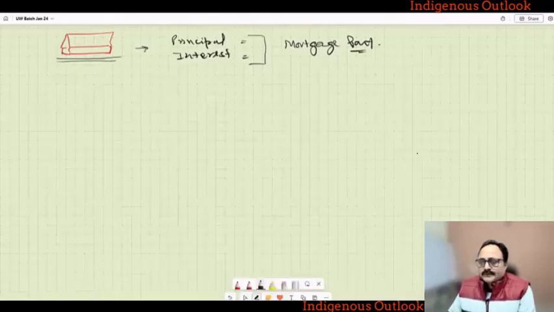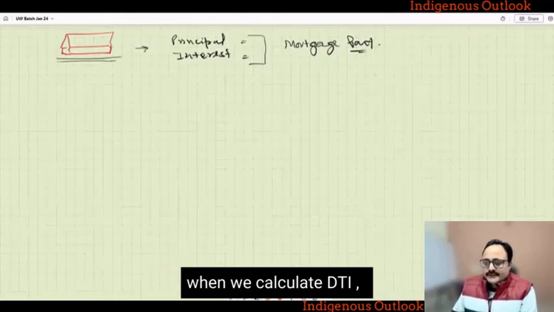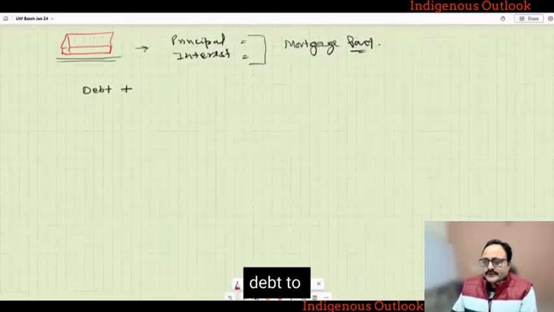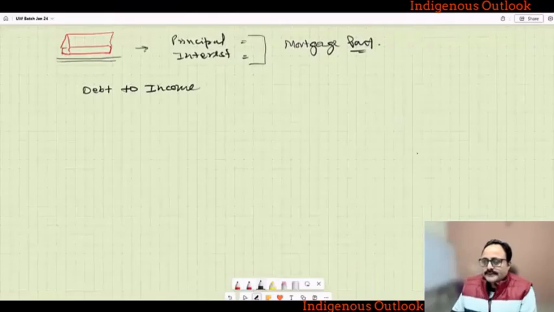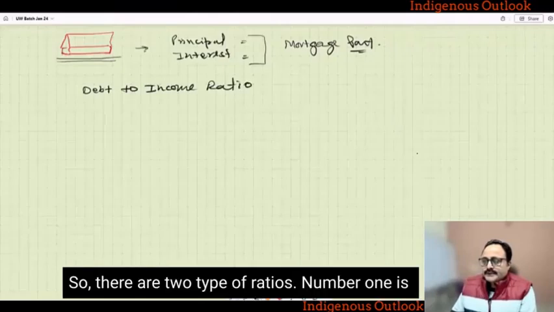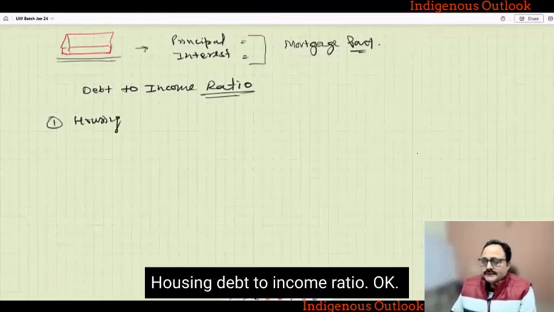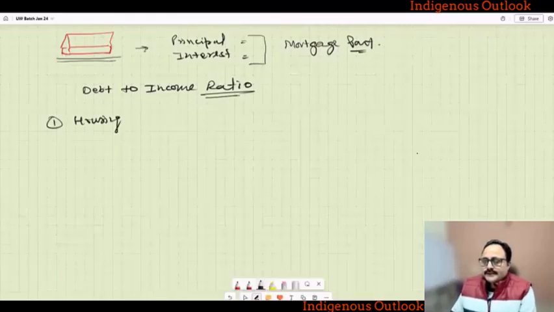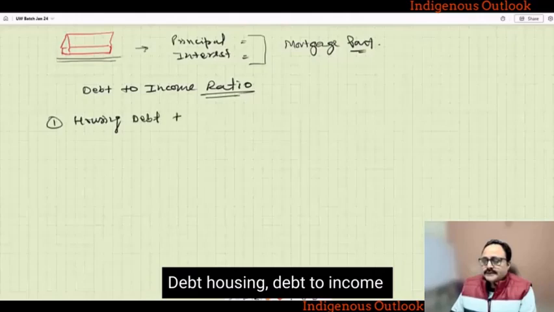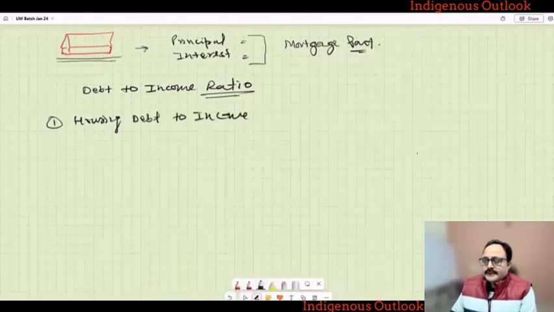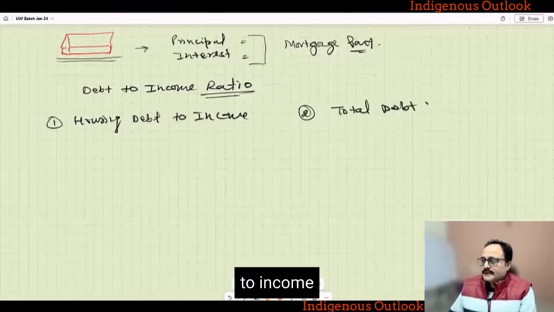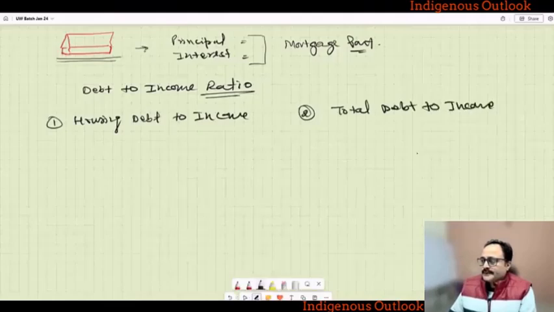So when we calculate DTI, debt to income ratio, there are two types of ratios. Number one is housing debt to income ratio, and number two is total debt to income ratio.